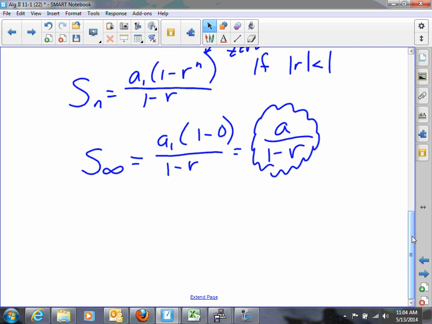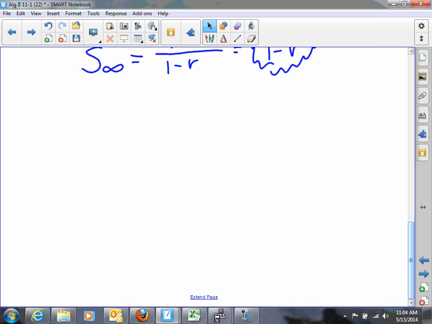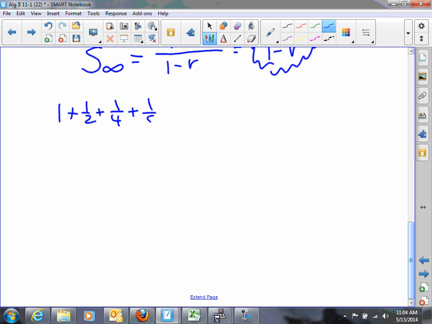Now, a couple of more things. If you have, let's go back and use this 1 plus 1/2 plus 1/4 plus 1/8 plus 1/16 plus 1/32 plus so on and so forth. Now notice this is an infinite geometric series. If you wrote this in sigma notation, it would be written like this.